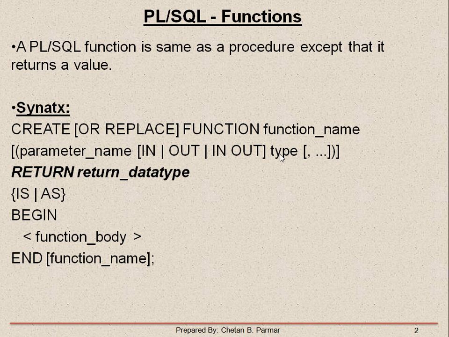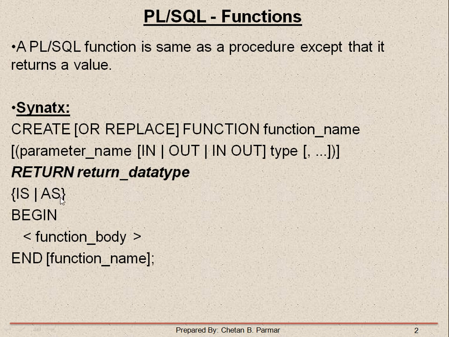The difference here is the return keyword and return data type, which is not available in a procedure, because a function is always returning some value. That's why you write the return keyword and return data type.